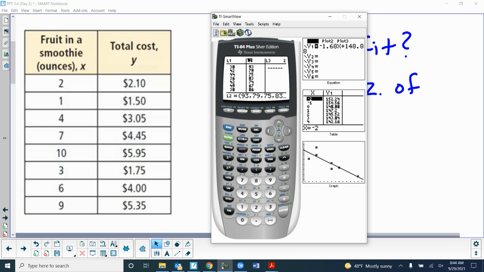Go up, highlight the L2, hit clear, and then hit down. And then go left and up to highlight list one, hit clear and down, and now I can put in my lists. Okay, questions? That's it.